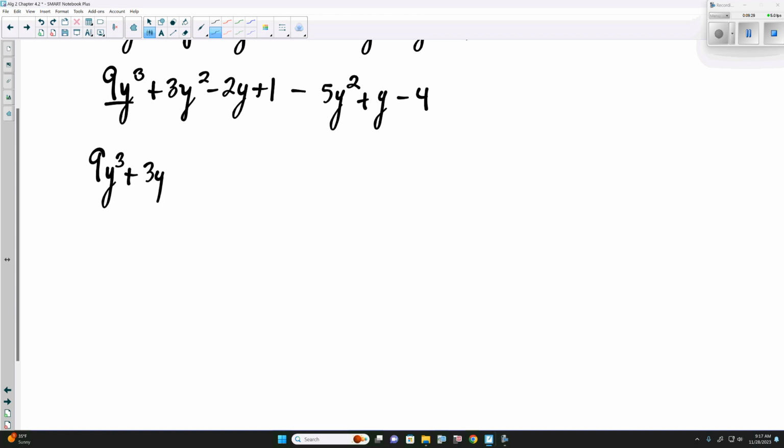We have our positive 3y squared, and its like term is negative 5y squared. That's the only y squareds. We have our negative 2y and our positive y. And then we have our plus 1 and our minus 4. And I just rearranged them so that the like terms are next to each other.